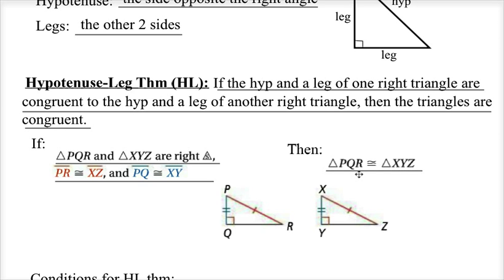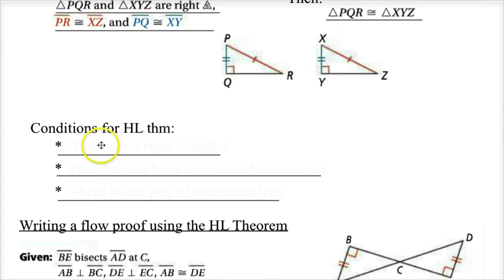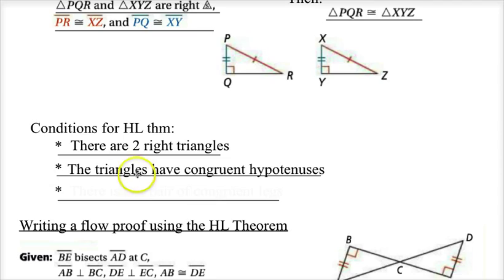We're going to list the conditions that we need for the hypotenuse leg theorem. There's three things. First off, we have to have right triangles, so in the proof you're going to have to list that as one of the steps. So there are two right triangles. That's the first thing. Second thing, the triangles have congruent hypotenuses. So the hypotenuses of those two triangles have to be congruent.